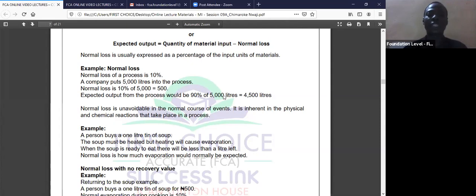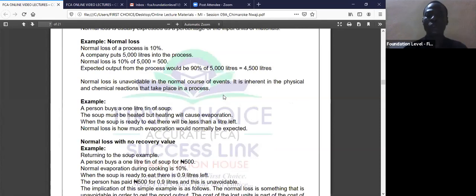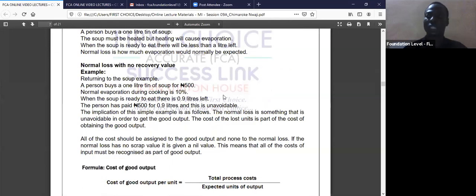Then we said that at times the normal loss may have no recovery value. Why do we think so? This is because, let's say, for example, you are trying to boil something. And if you are boiling a thing, there is going to be evaporation.